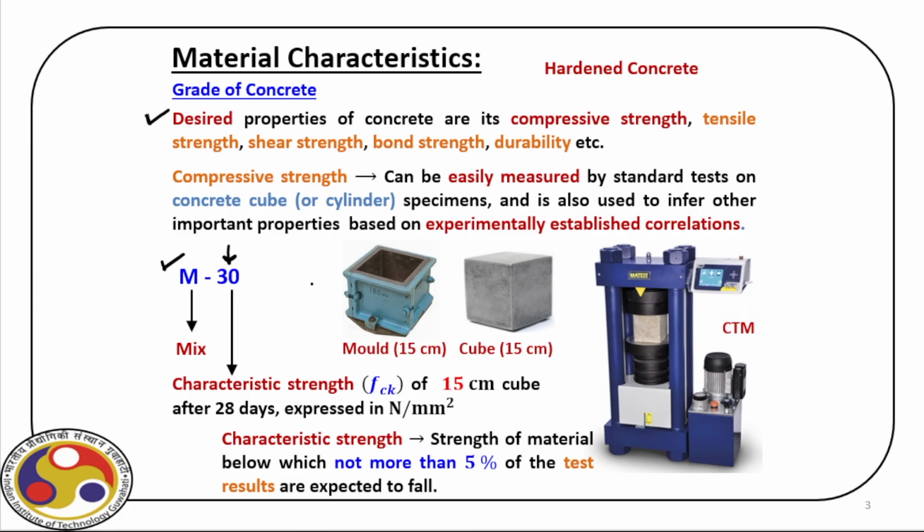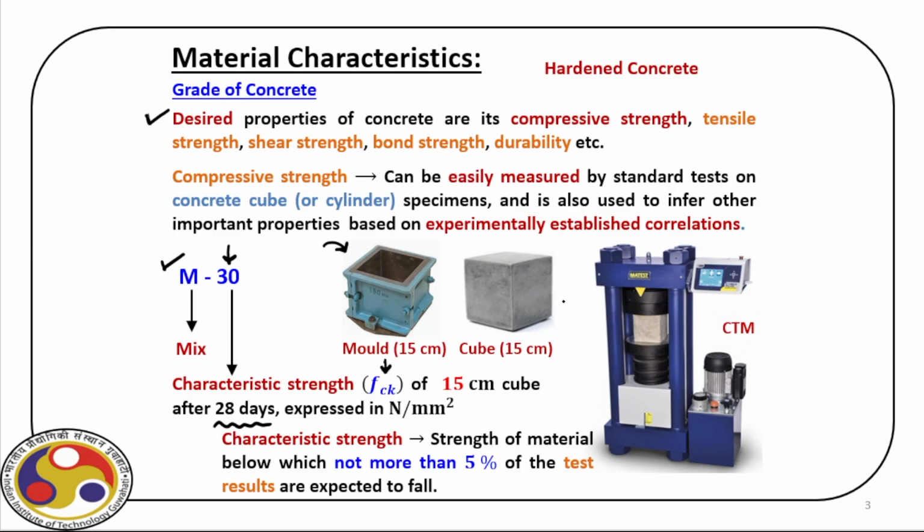We have to cast concrete in this cube mold of size 150 millimeter by 150 millimeter by 150 millimeter, and we have to consider 28 days strength, because the moment we pour concrete, and there is a very specific procedure described in the code, then slowly it gets hardened, and as time passes every day it gains strength. So at 7 days we have a certain level of strength. At the end of 28 days, the strength that we get is basically the design strength.